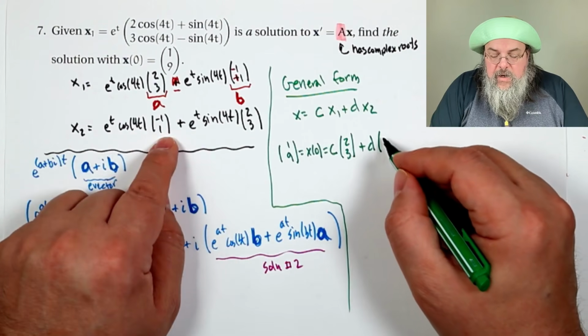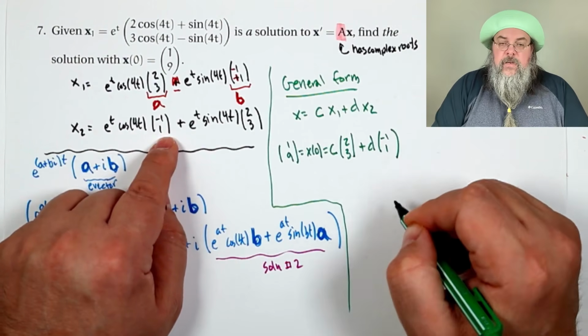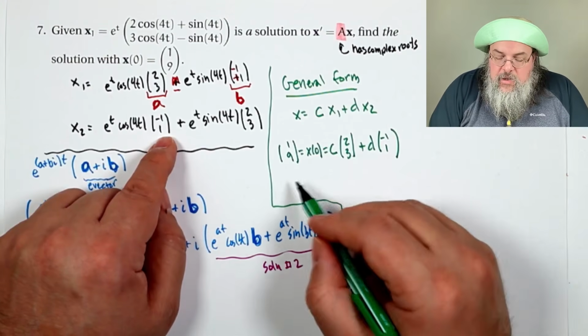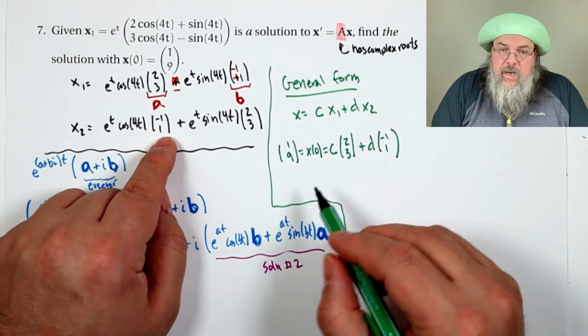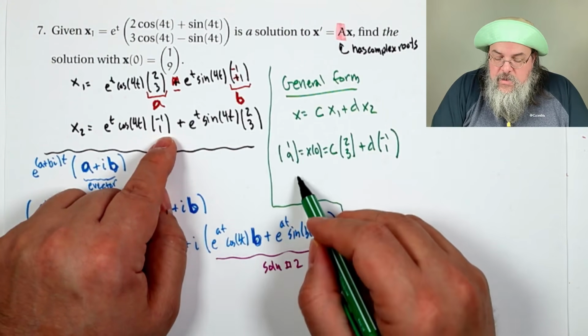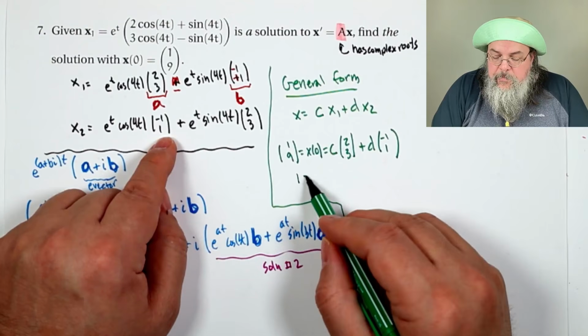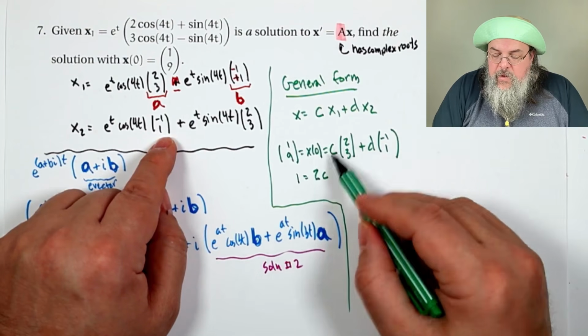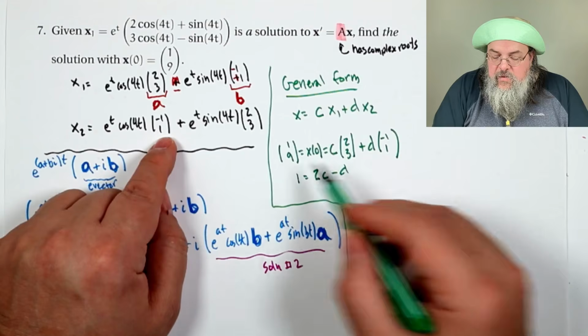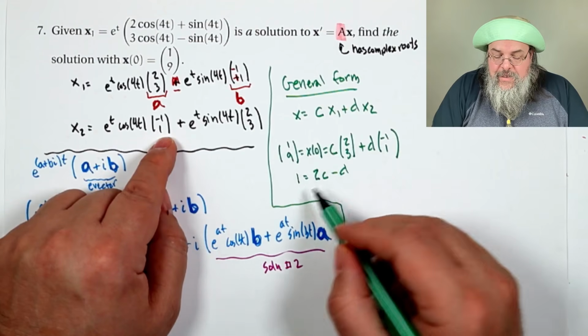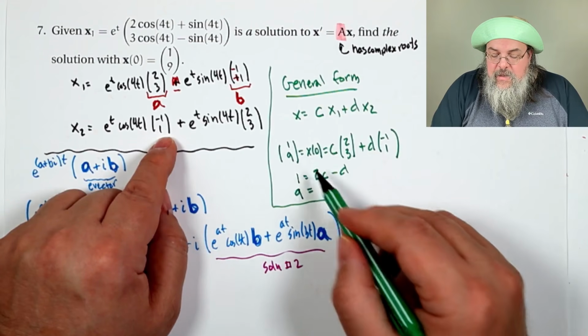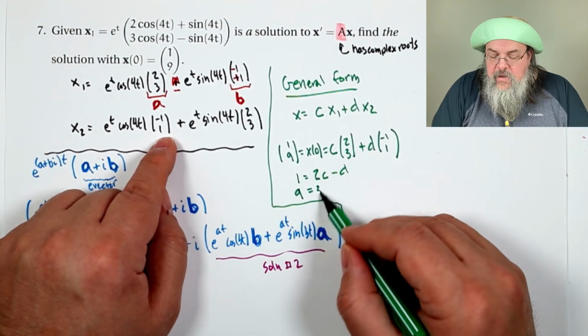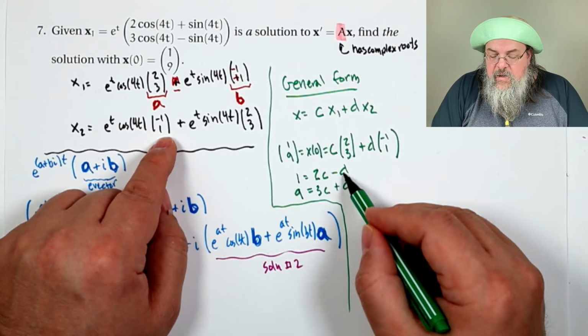And so you get minus 1, 1. Or, if you extract your two equations, 1 is equal to 2c minus d. So this is read along the top. 9 is 3c plus d.